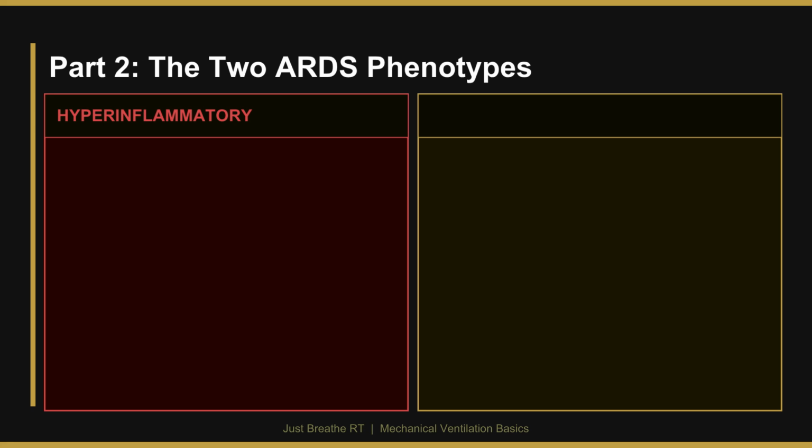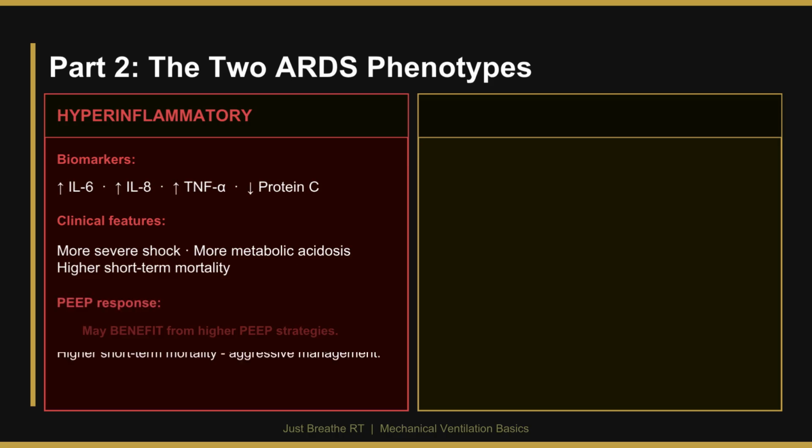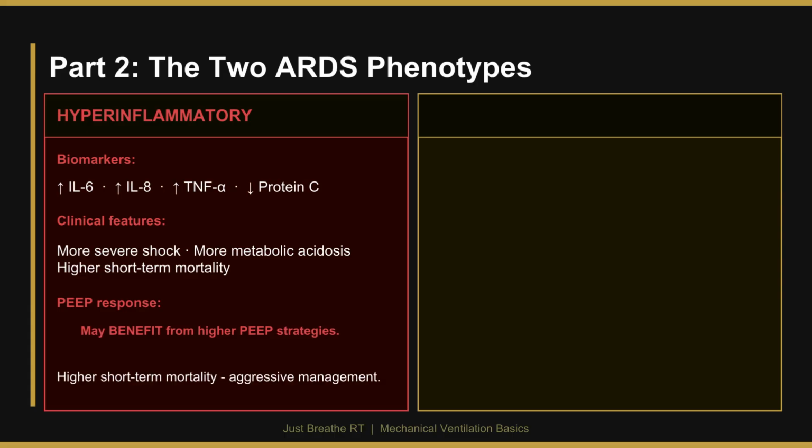The hyperinflammatory phenotype, characterized by high levels of inflammatory biomarkers, IL-6, IL-8, TNF-alpha, and protein C. These patients have more severe shock, more metabolic acidosis, and higher short-term mortality. Critically, research has shown that the hyperinflammatory phenotype may actually benefit from higher PEEP strategies, while the hypoinflammatory phenotype may be harmed by them. This is why the one-size-fits-all approach to ARDS management is being challenged.